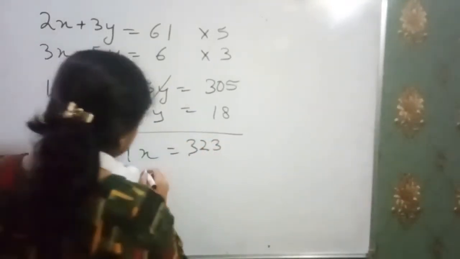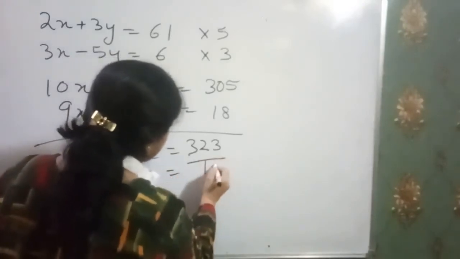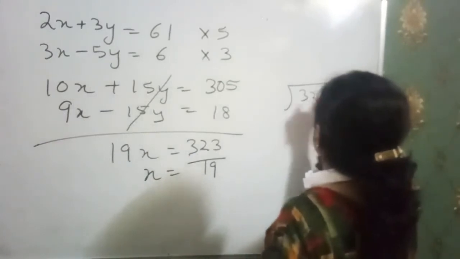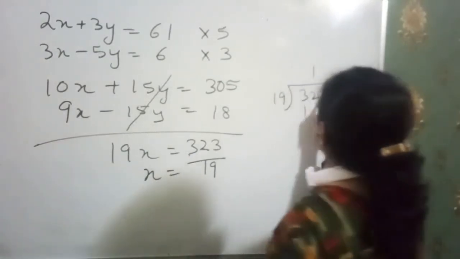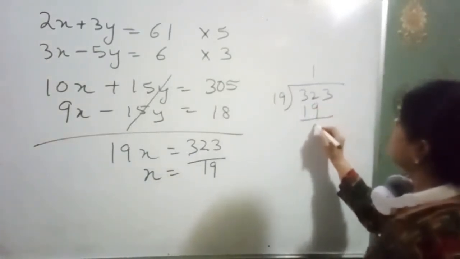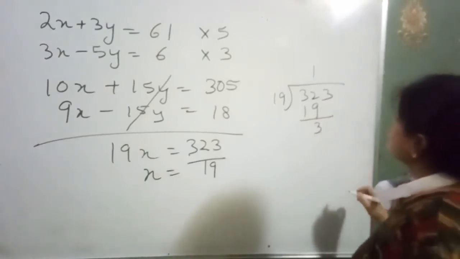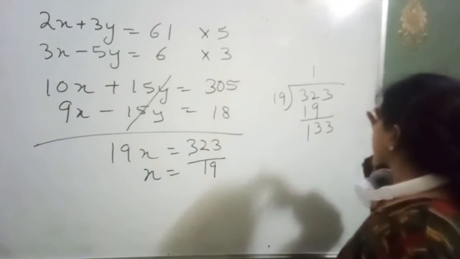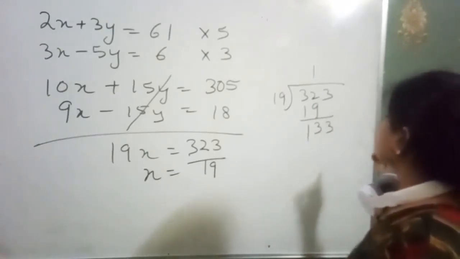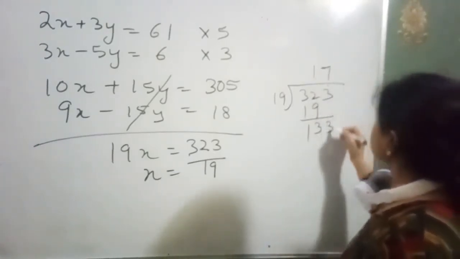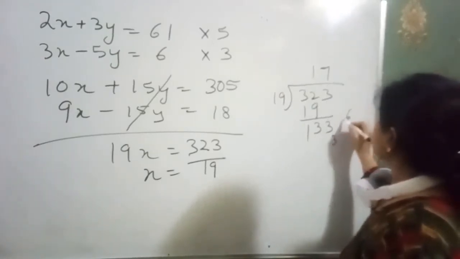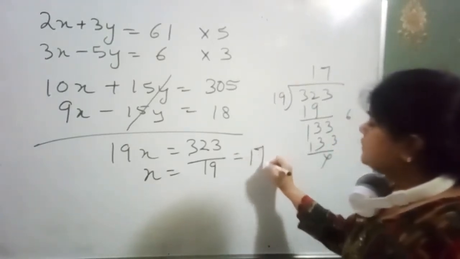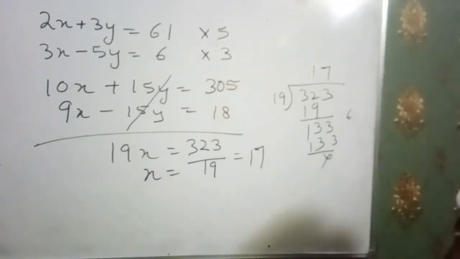Okay, so we divide it by 19. So we divide 323 by 19. That is 17. The value of x is 17.